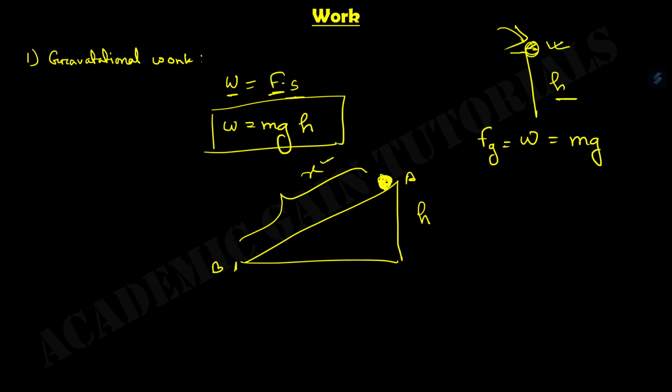We don't consider x, the travel path. We only consider the height from the ground. So we will not take the value x. Instead, we will take the value of h for measurement.